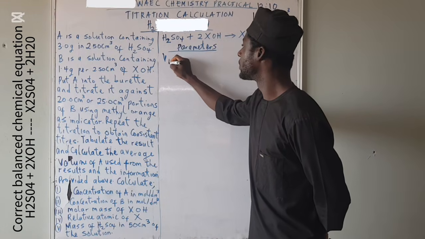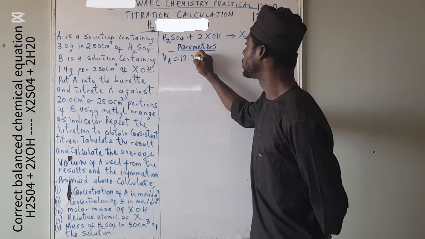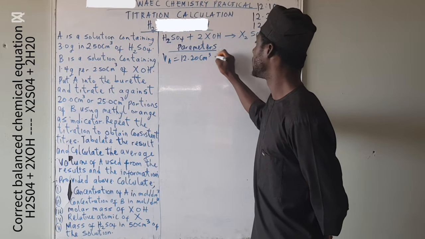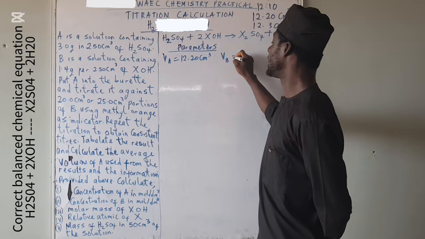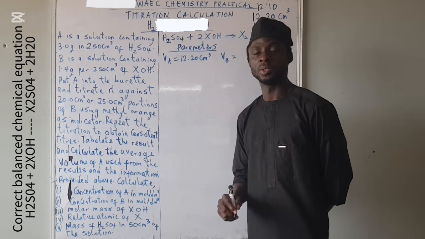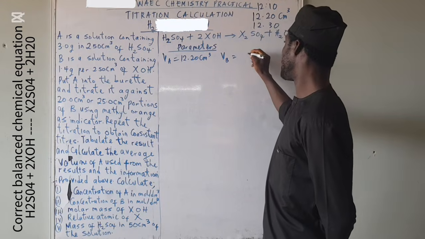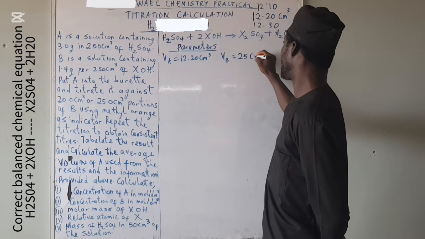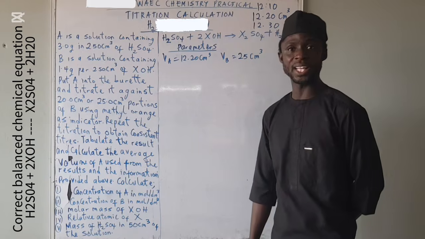Now we are getting our VA to be 12.20 cm3. Now, let's say the pipette that we are using is 25 cm3. Now that will be our volume of the base. So our VB is 25 cm3. That is the volume of pipette that we are using.